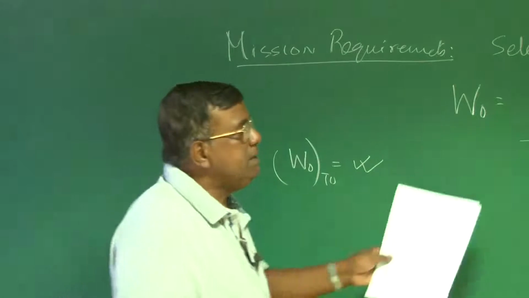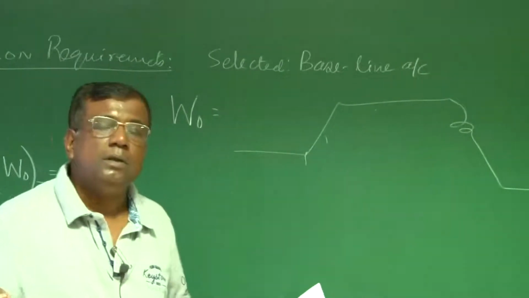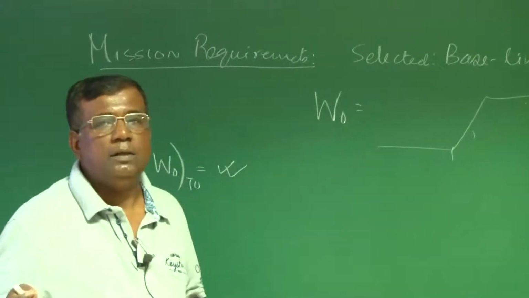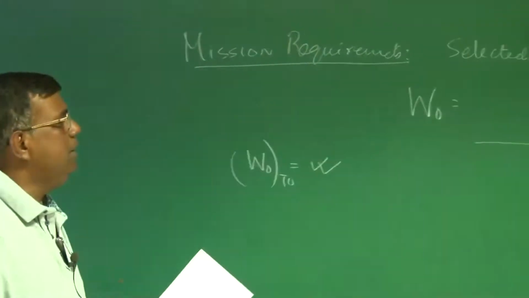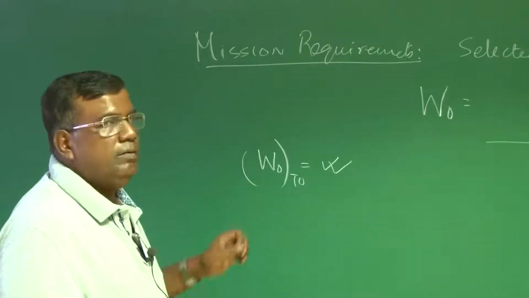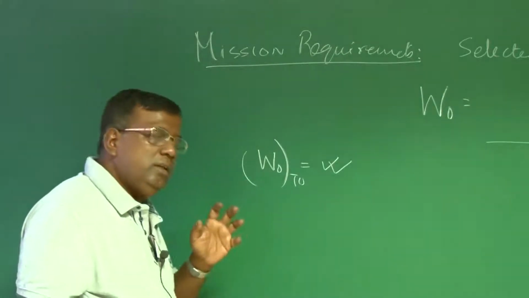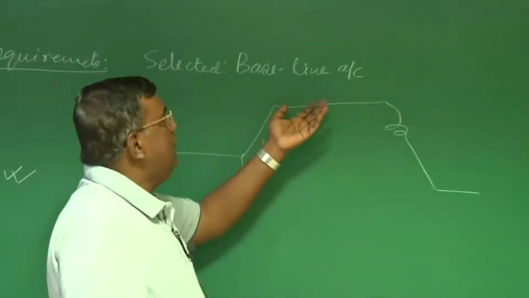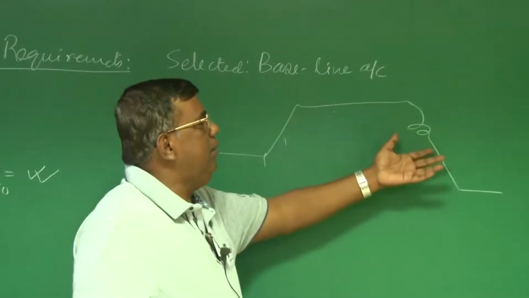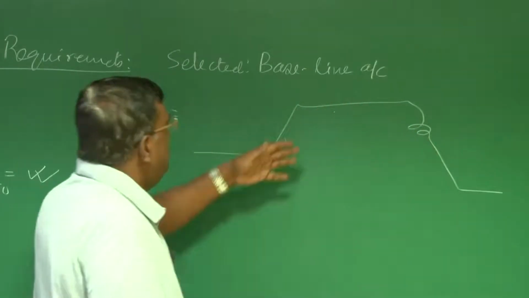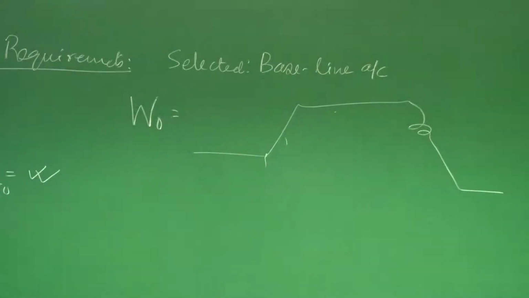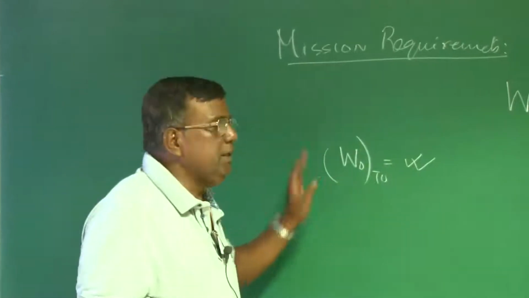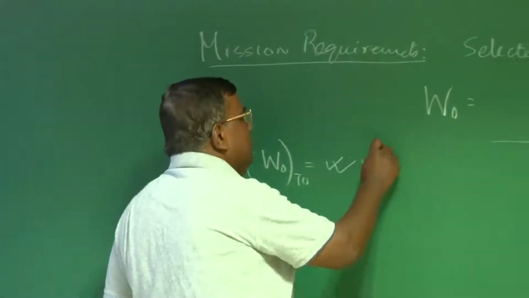A few we have taken statistically, a few we have used physical understanding for, like for range, for loiter, for endurance, etc. And finally, we estimated W0 takeoff, the gross takeoff weight. And in that, we ensured that whatever W0 is available here, or required here, we translated back to W0 takeoff because we have to add the fuel which has been consumed. This we are expert in. So W0 takeoff we have estimated.